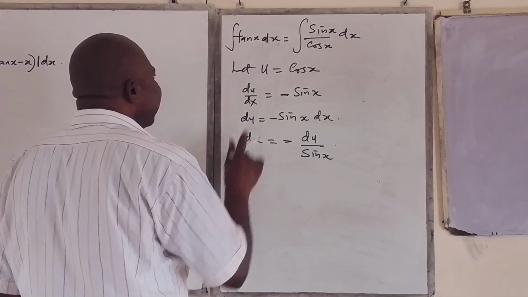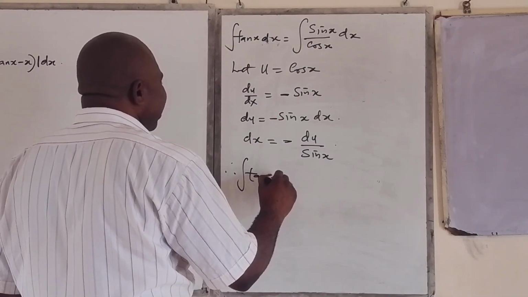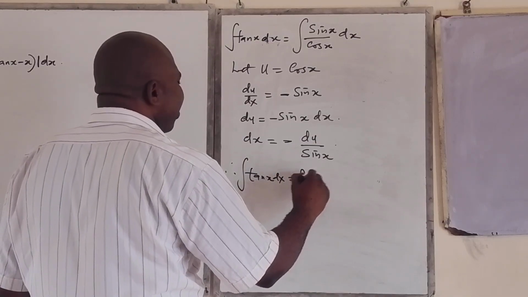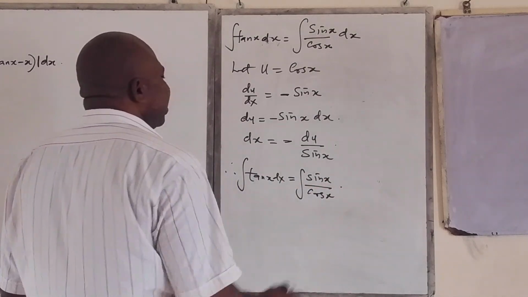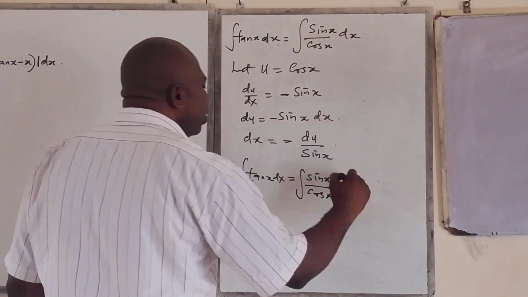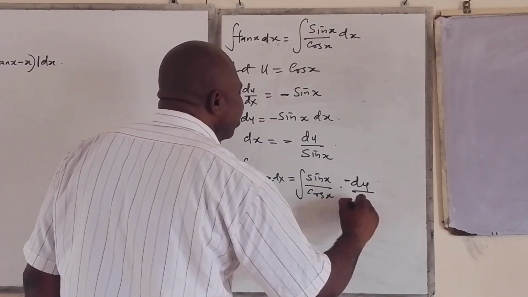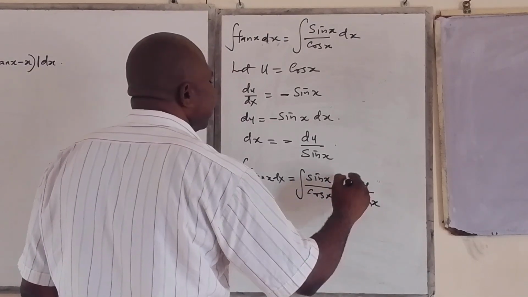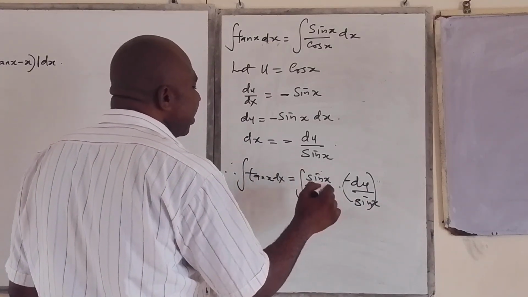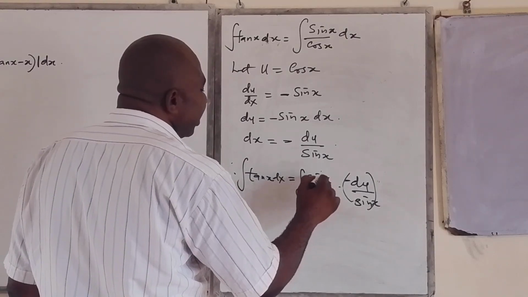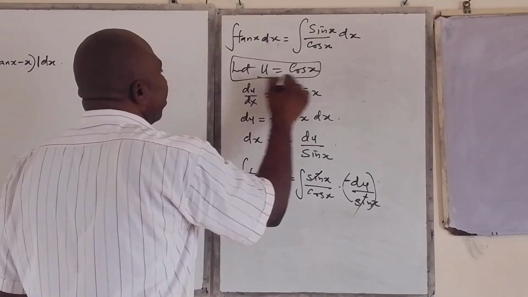So the integral of tan x dx, which is the integral of sin x over cos x, with dx now equal to minus du over sin x. This sin x will cancel with this sin x. Remember we said let u be equal to cos x.